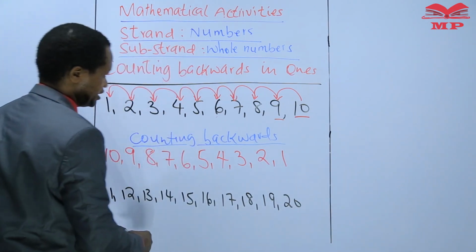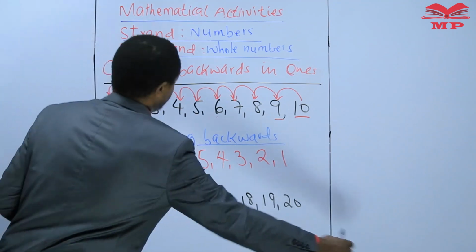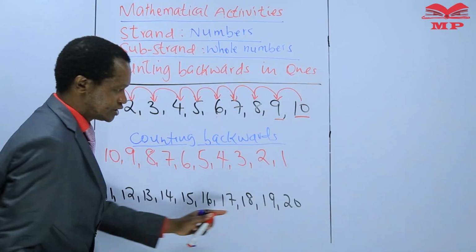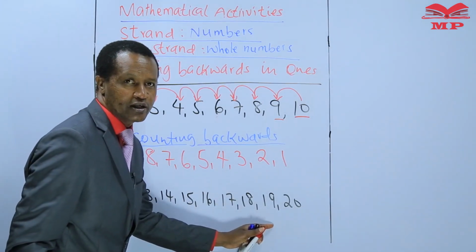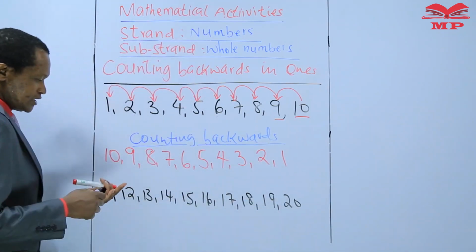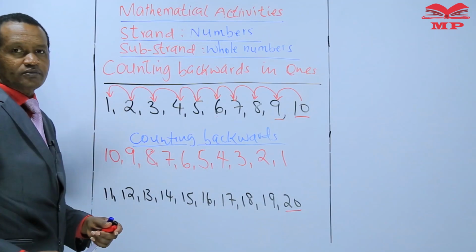These numbers are written in ones but forwards, counting forwards in ones. From these numbers, we can count backwards in ones, starting from number 20.